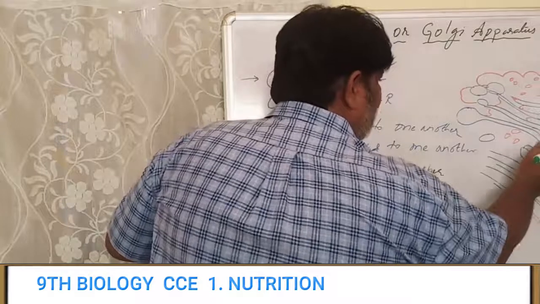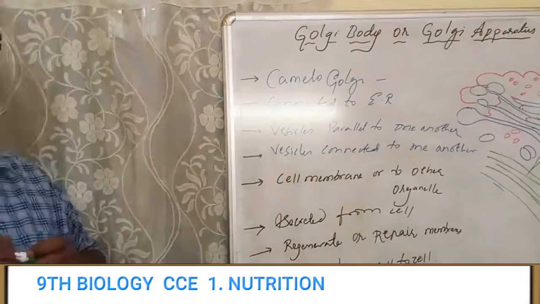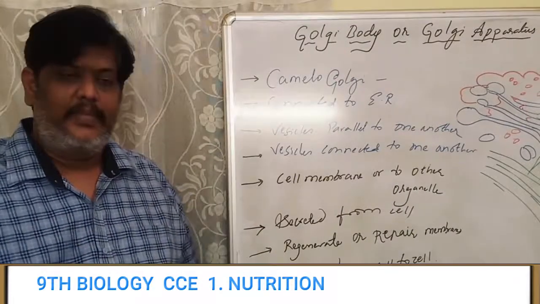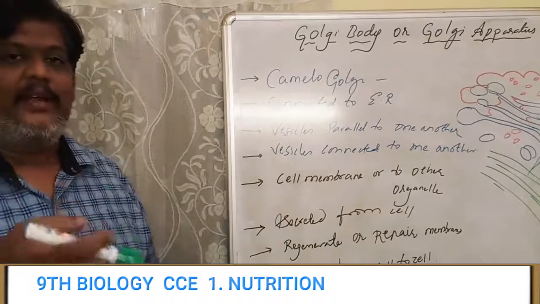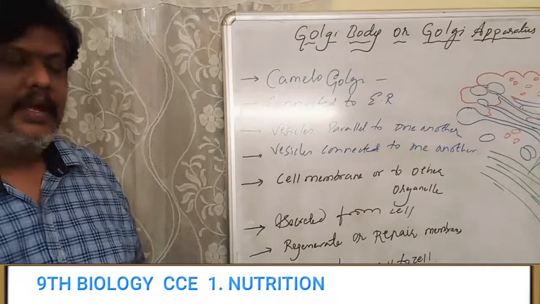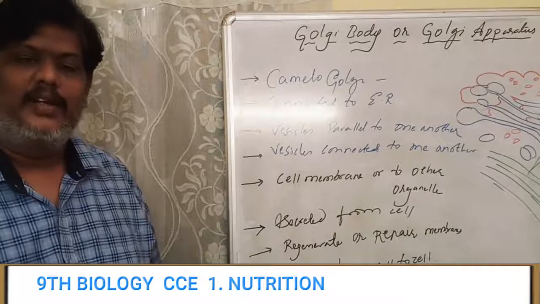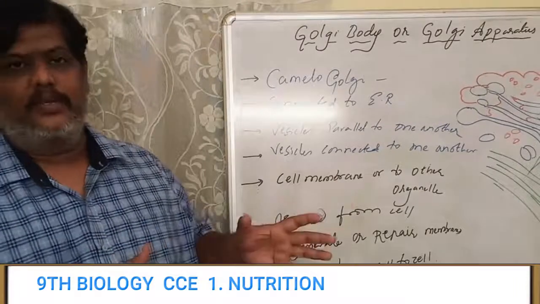This one is somewhere connected to the endoplasmic reticulum because it has to receive the proteins and lipids from the endoplasmic reticulum. The endoplasmic reticulum is the place where they are synthesized. Just assume a factory where the goods are synthesized or produced, and after that they are sent to the packing units, isn't it?